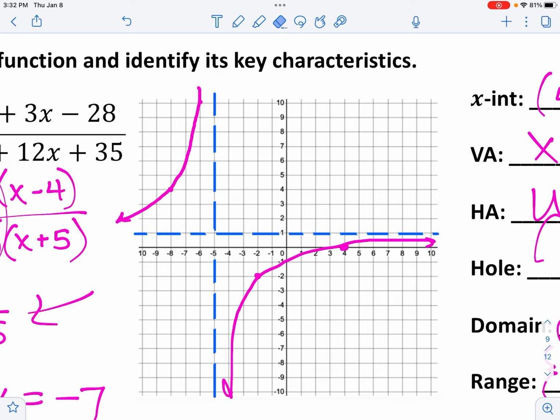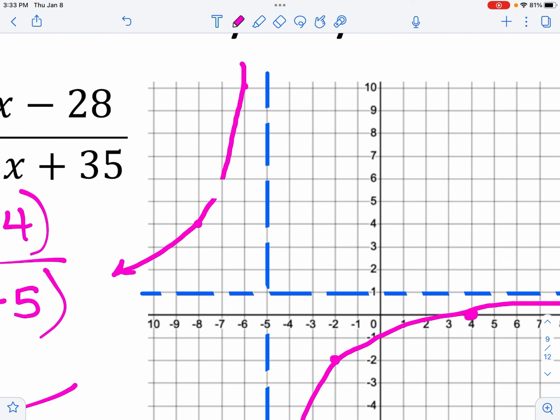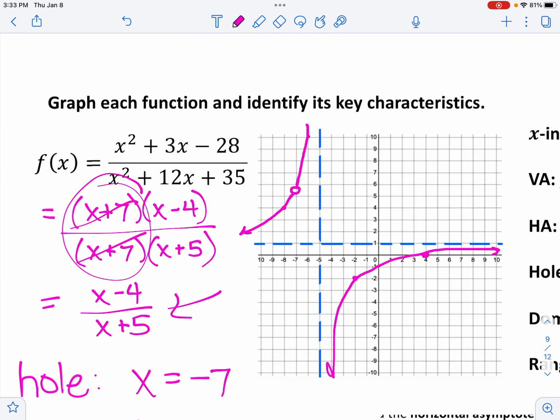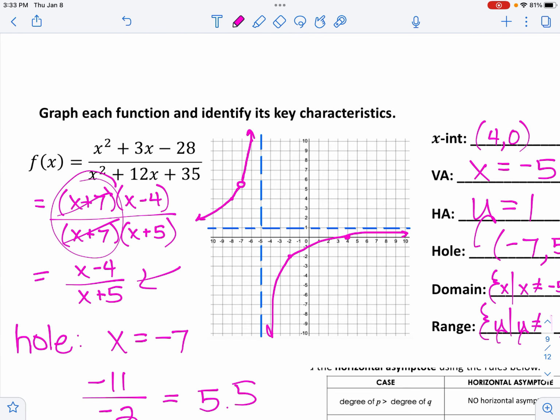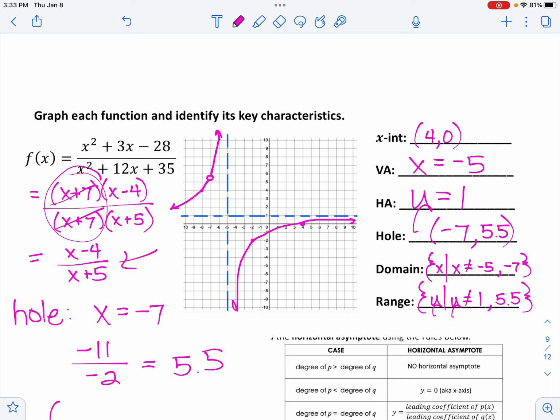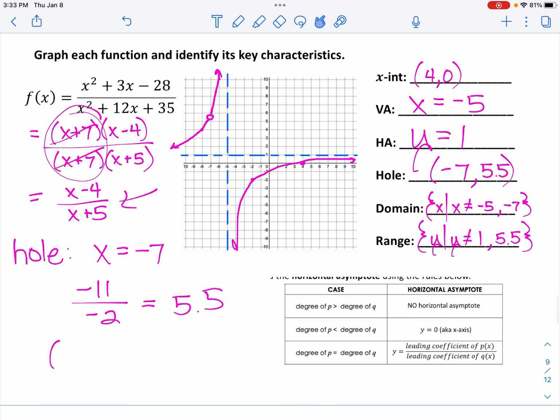So I want to make sure that's in here. We're just going to identify that. There. And there we go. That's that graph right there.